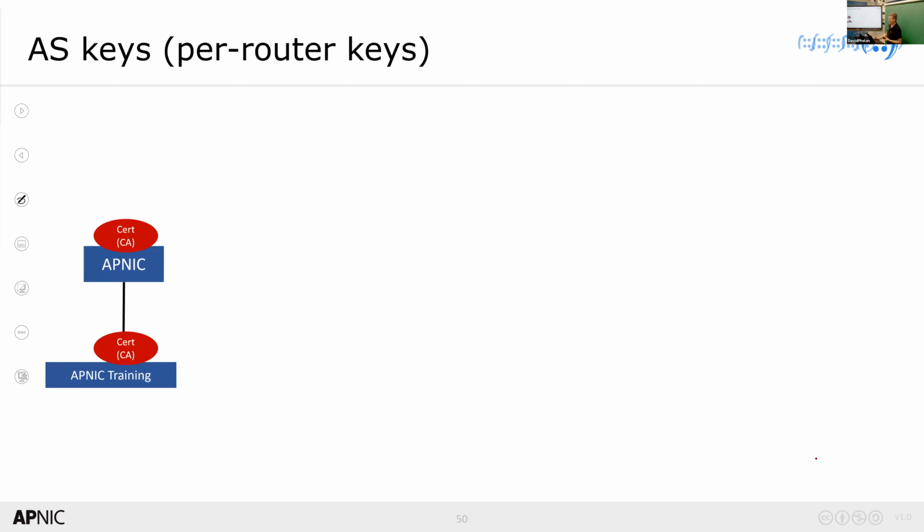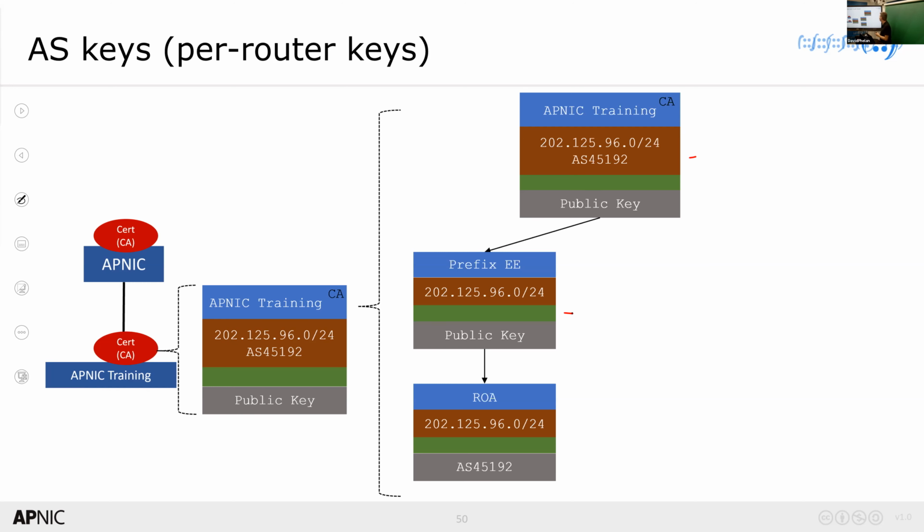This concept of AS keys per router. So my APNIC training down here, I have a cert. I have a chain of keys. So I have my CA saying, this is me. I have my entity, which is my prefix, and I have my ROA.